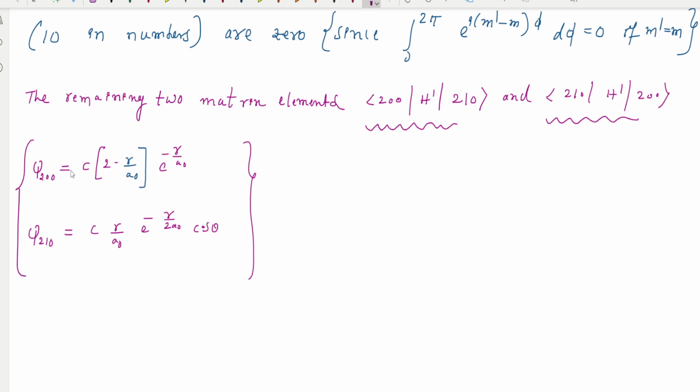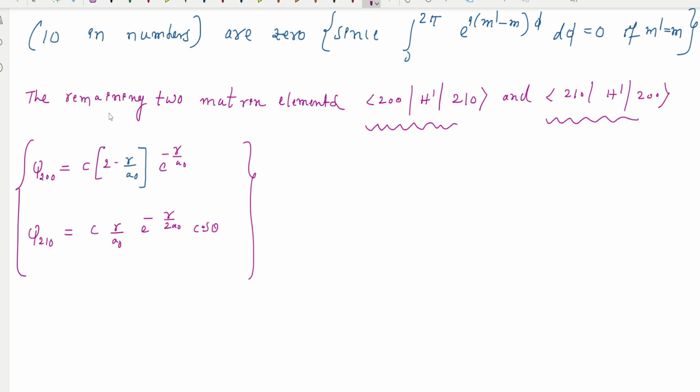We already calculated them by solving the hydrogen atom problem using angular momentum. You get these eigenfunctions of the hydrogen atom for the ground state, first excited state, and the next excited state.